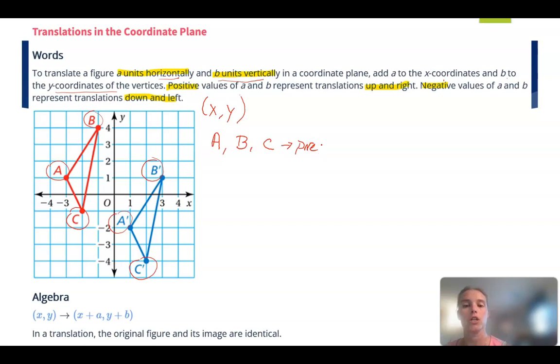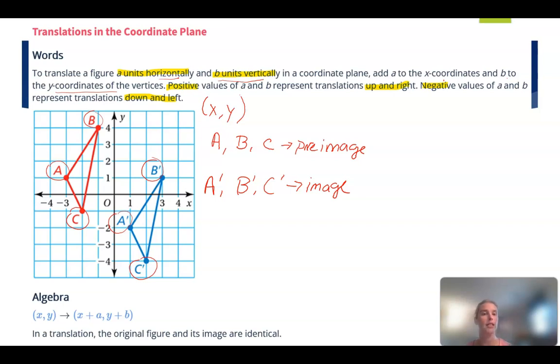They're the original letters that you're going to use. If there's a prime with it, A prime, B prime, C prime, those are for the image. So just be aware of that. And if something has been translated, rotated, transformed more than once, there may be multiple primes to help you kind of work your way through that problem.